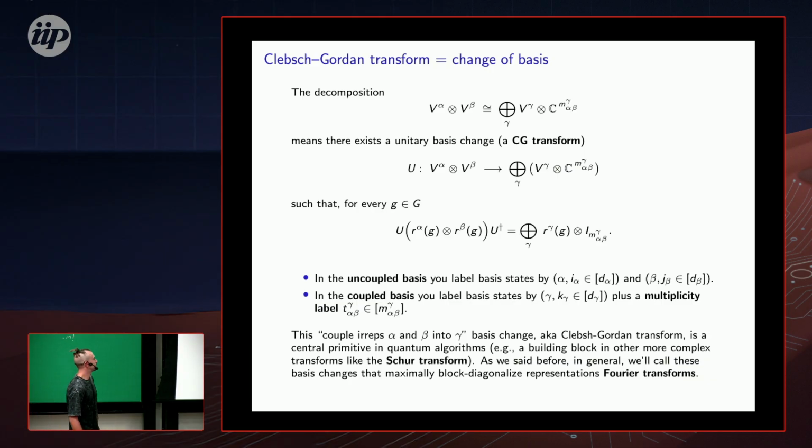In particular, the Clebsch-Gordan transform was used a long time ago to build yet another Fourier transform called the Schur transform, which we will talk about soon. It is essentially the Fourier transform that block diagonalizes the qubit permutation and the local unitary action on every qubit, the qubit permuting action of Sn. The reason you may want to diagonalize this is many tasks in quantum information. For example, spectrum estimation.